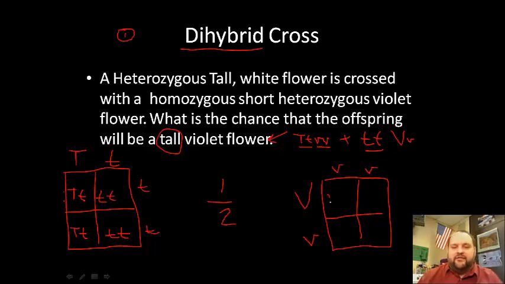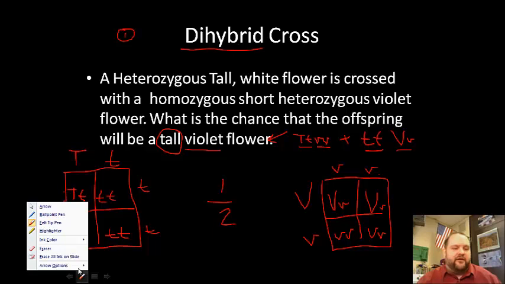So if I cross this out, I have big V, little v, big V, little v, and down here little v, little v. So now I have a Punnett square for just the violet trait. I'm looking for violet, so I care just about violet. I know that 50% of them are going to be violet flowers.